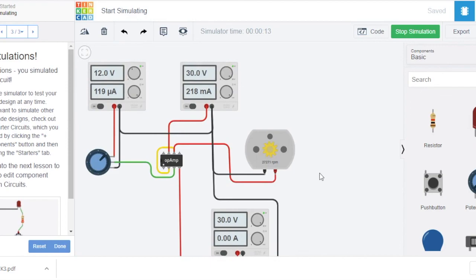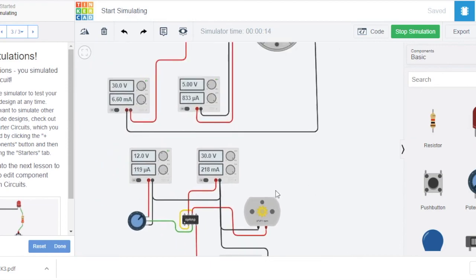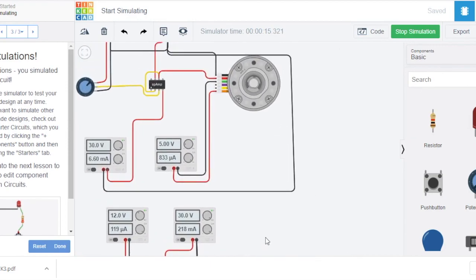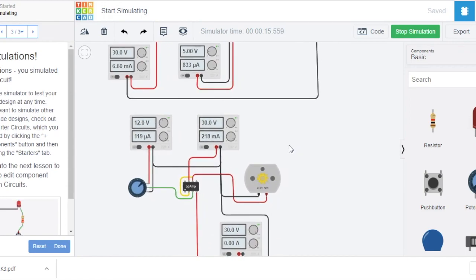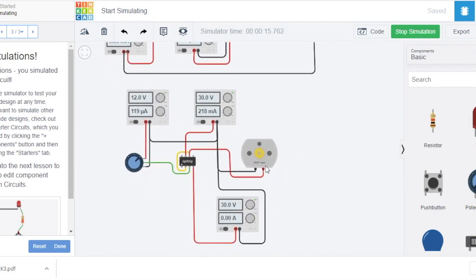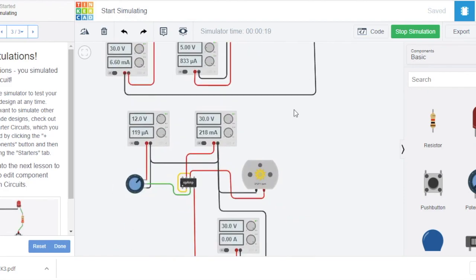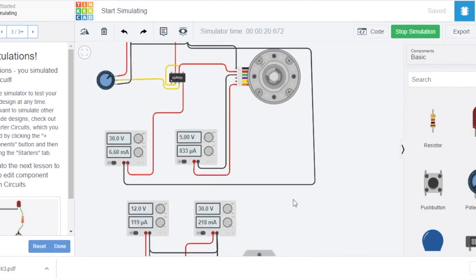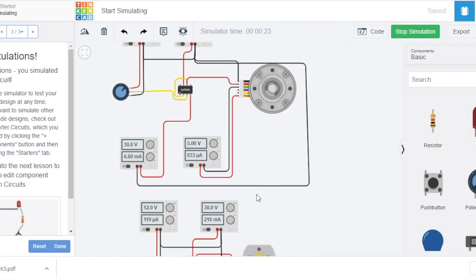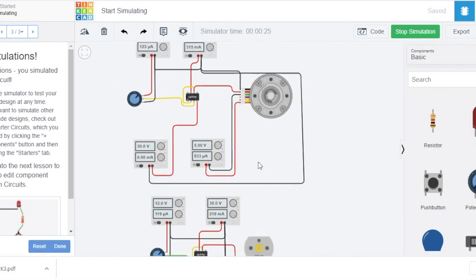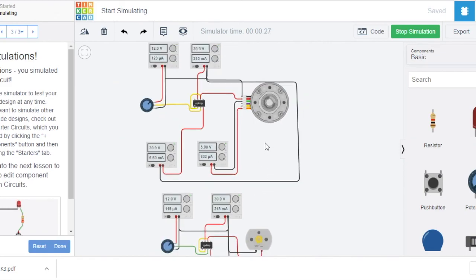Okay, let's compare both. The embedded motor is 7 rpm and the normal motor is bigger than the embedded motor. Okay, so the sensitivity for the normal motor is higher than for the embedded motor. Yes, we can conclude it. Okay, that's all for experiment C. Thank you.